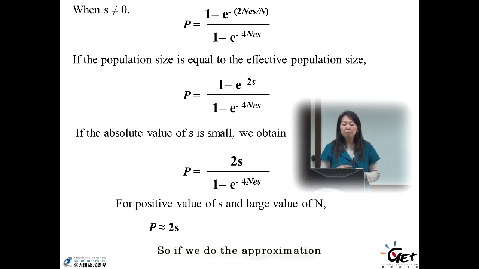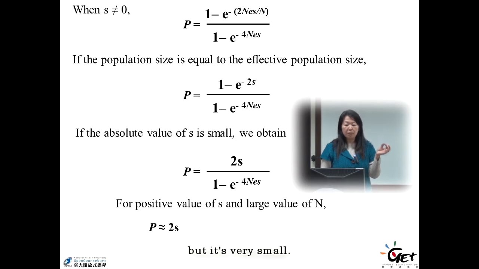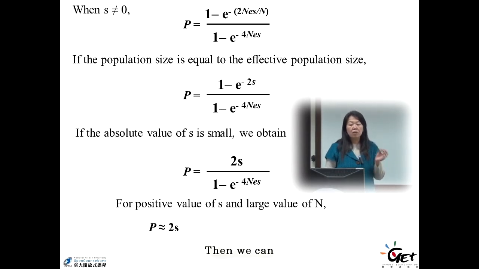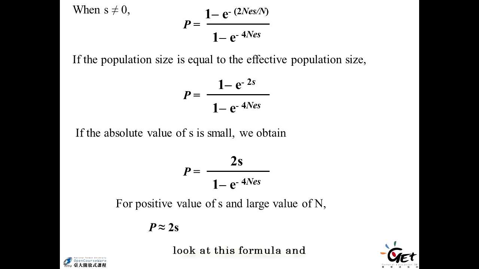So if we do the approximation and just assume s is a positive number, so if s is larger than 0 but very, very small, then we can look at this formula and calculate, if a positive value of s is true and the population size is large.